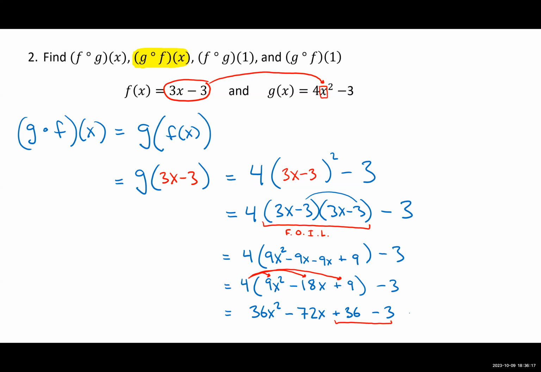And this is good that it's our last step because I'm about out of room here at the bottom. So that's 36x to the second minus 72x plus 33.